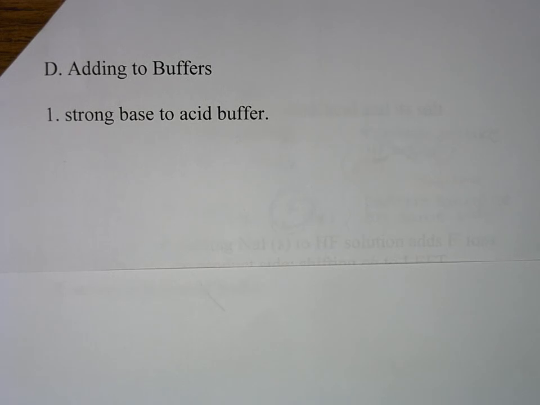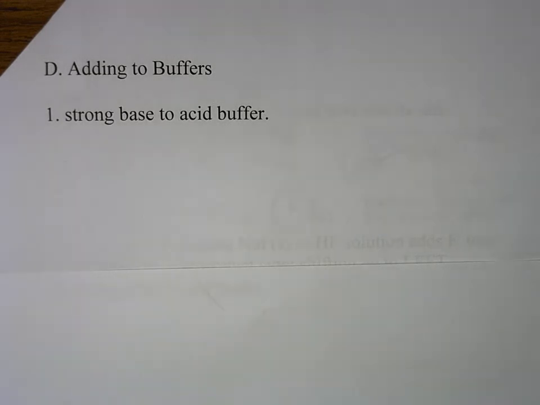So we're going to go through each situation fairly quickly and take a look at that. The whole point of buffered solutions is that you can add whatever to them and the pH stays pretty much the same. So we need to see how that happens.